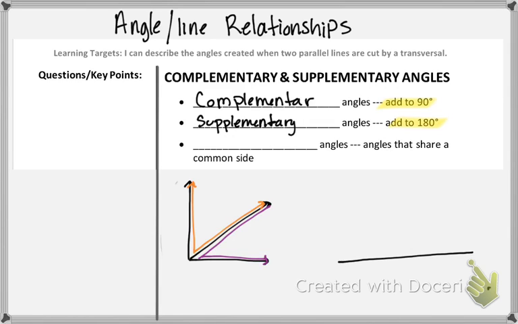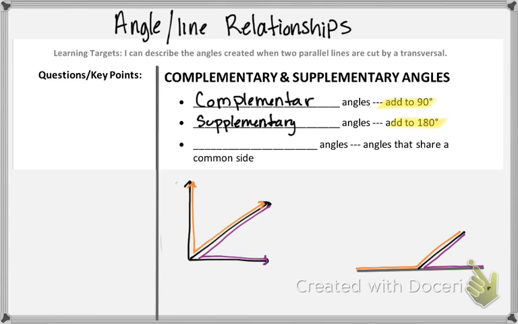It can be any way. Let me make it a little bit straighter. Right? So let's say we have two angles right here. That means that this orange angle and this purple angle add up to 180 degrees.